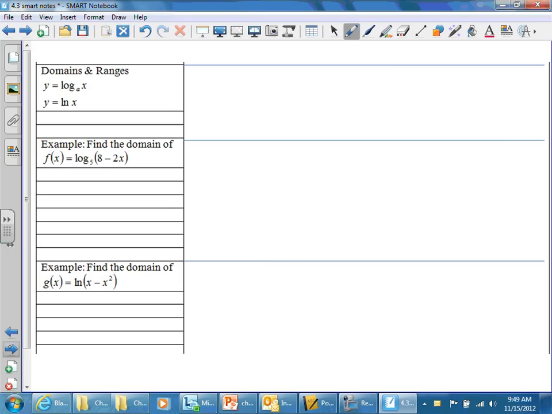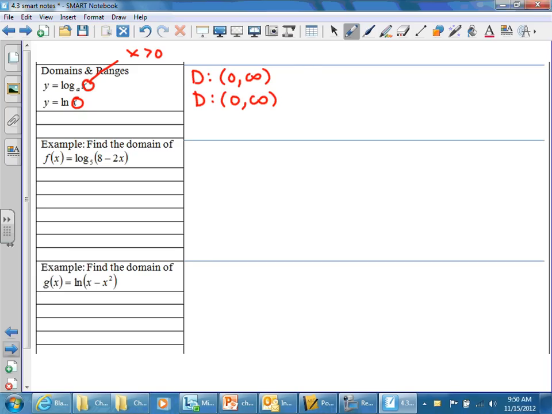So domains, again, we talked about in the domain that inside of the x has to be greater than 0 for both of these guys. So whatever's going on the inside, it has to be greater than 0.